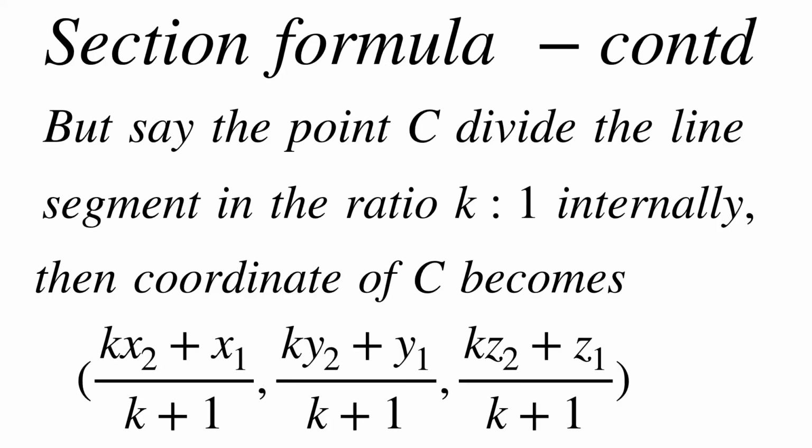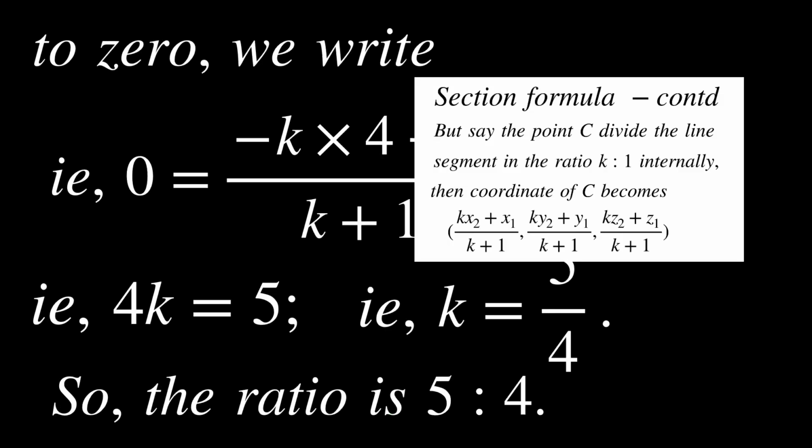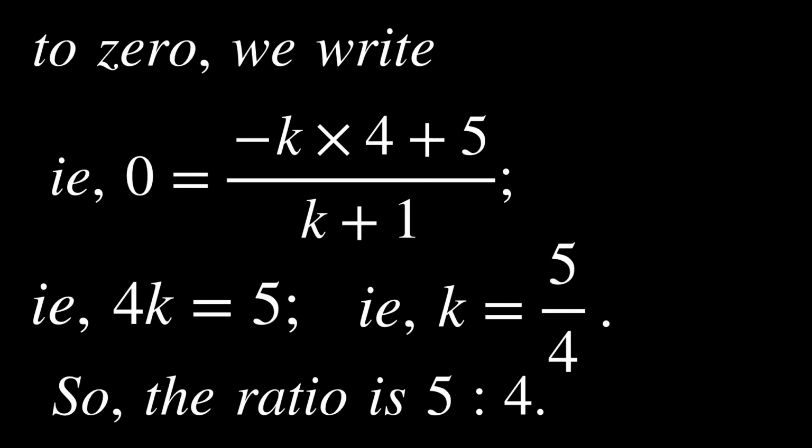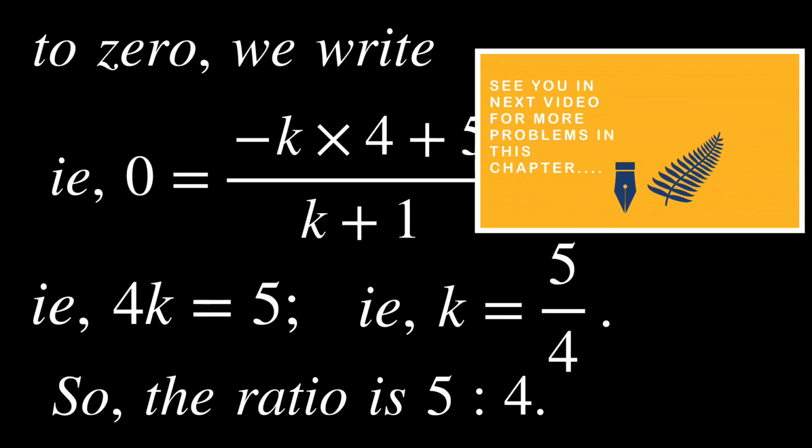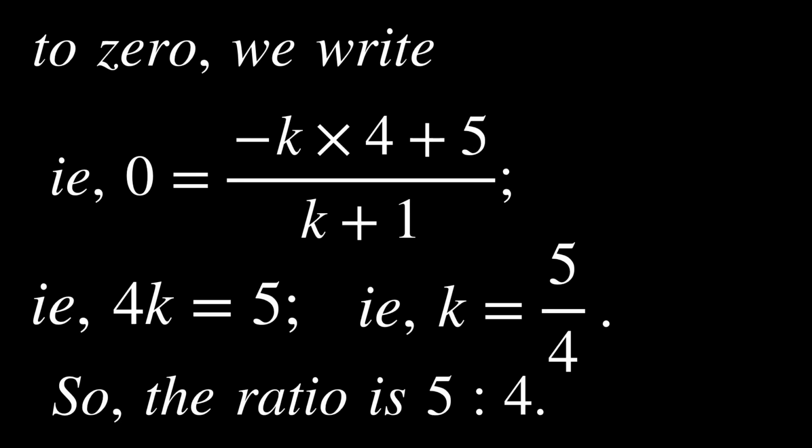Using section formula we know its z coordinate is given by (k z2 plus z1) by (k plus 1), and we equate this z coordinate with 0. So we get 0 is equal to (minus k into 4 plus 5) by (k plus 1), which on solving we will get 4k is equal to 5. Therefore we get k is equal to 5 by 4. So the ratio is 5:4.